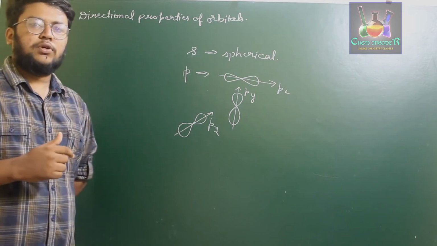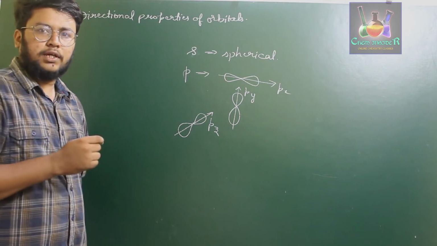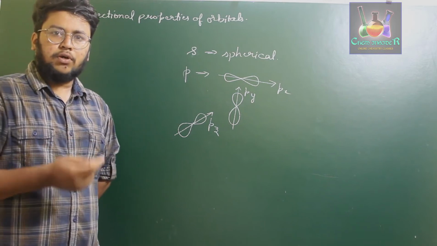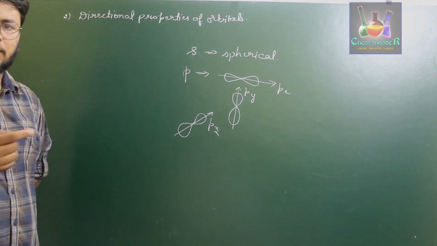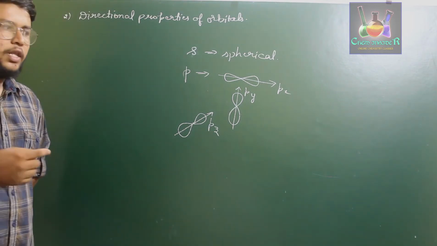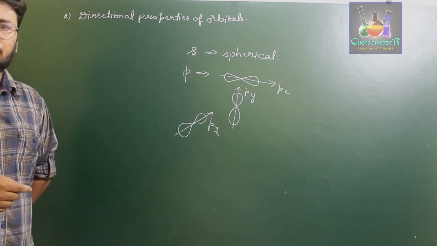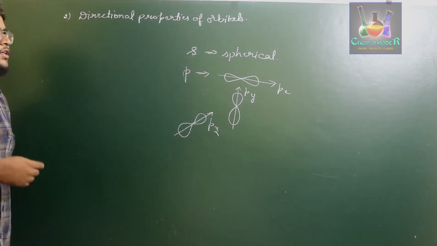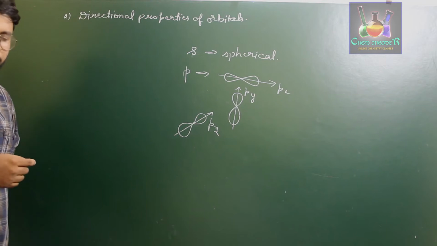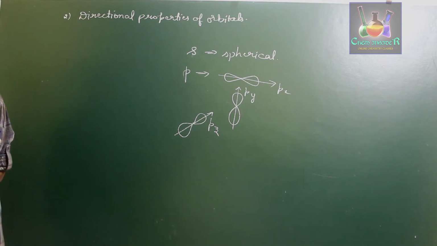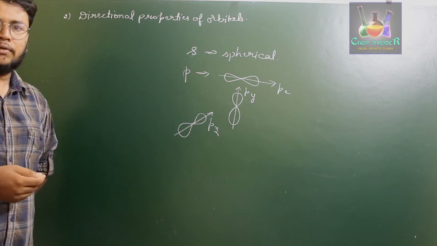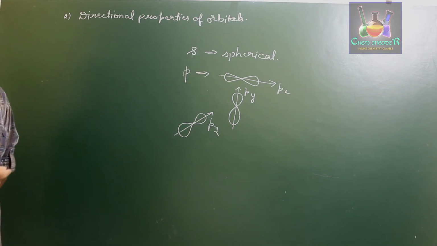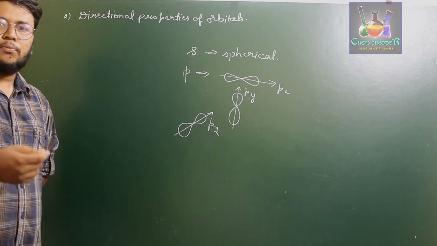Therefore, in the valence bond theory, we use these atomic orbitals and their overlapping concept to know the direction of these orbitals in the overlapping formation, leading to the shape of a molecule. That is nothing but the directional property of the orbital. So for the valence bond theory to be successful, the main important point is this directional property, which explains the shape of the molecule being formed.